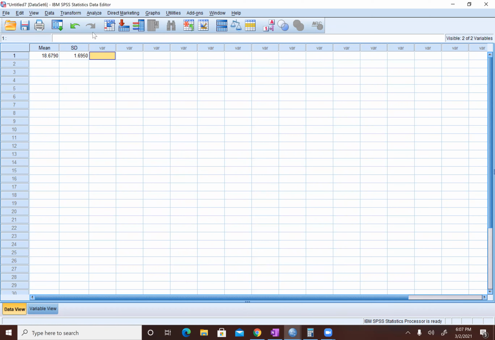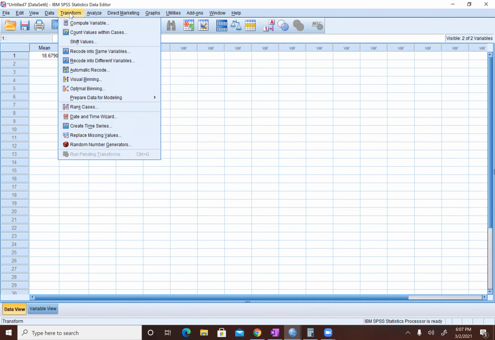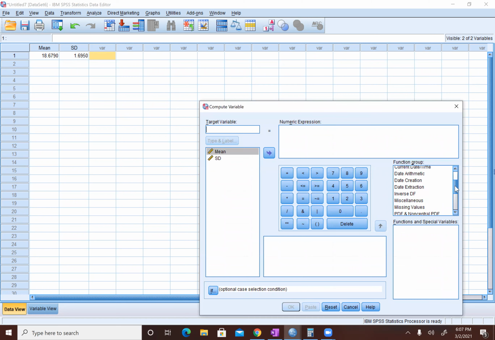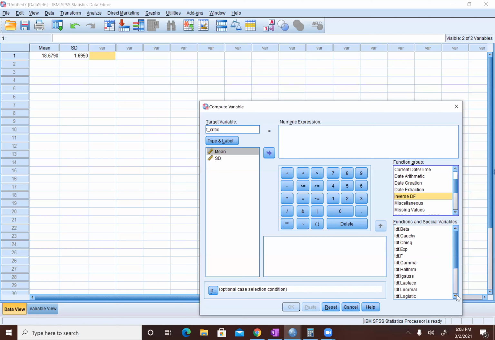Now, I want to compute that inverse probability. So you go again, let's write a target variable, which is again T critical. And you go to Inverse Distribution Functions and Inverse T. Probability is 0.975.